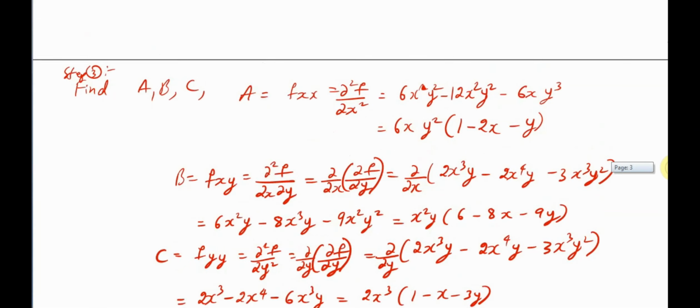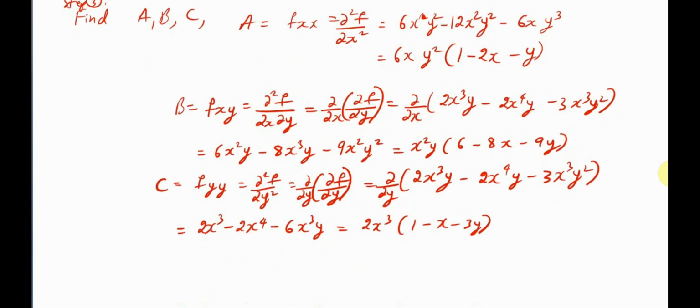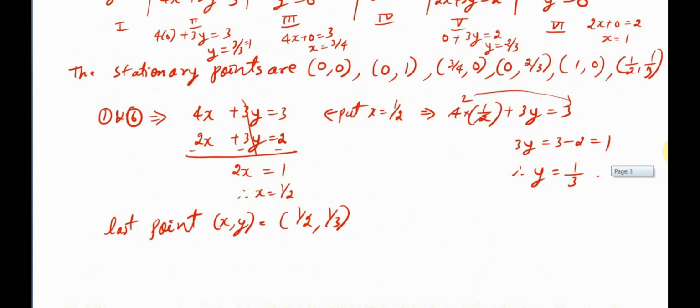Now I'm going to see very easily, looking at the example, looking at the points, here we can see if you substitute all these points. This is point 1, this is point 2, and this is point 3, 4, 5, and this is point 6.